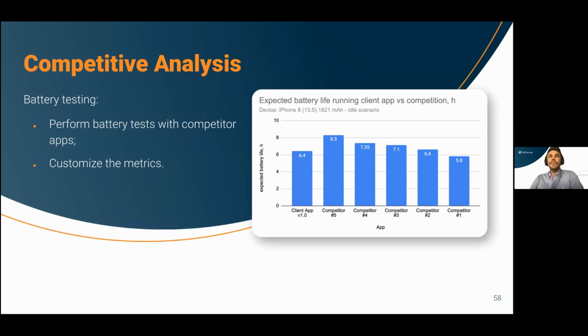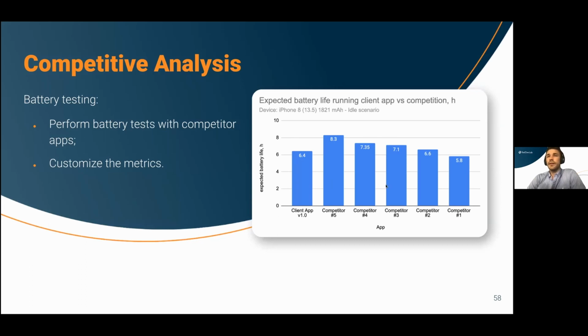Then here is one example also for battery testing. Here we can do some reporting about the expected battery life in hours. You can see here there is some kind of idle scenario going on, and 5 apps or more are being compared.